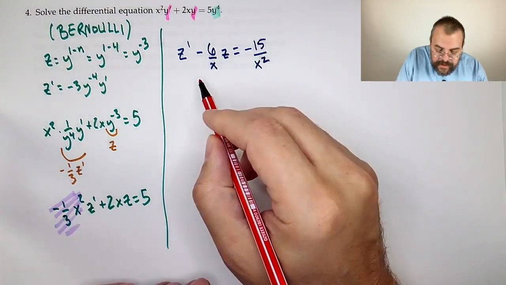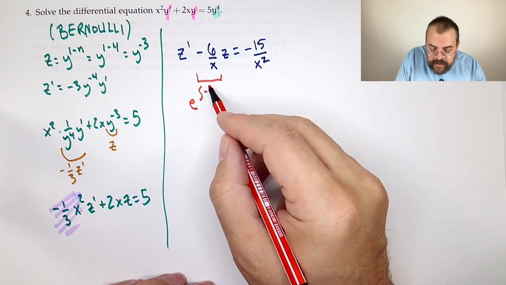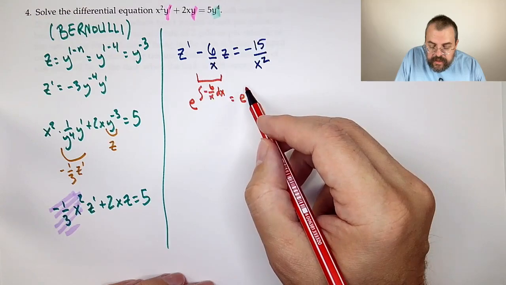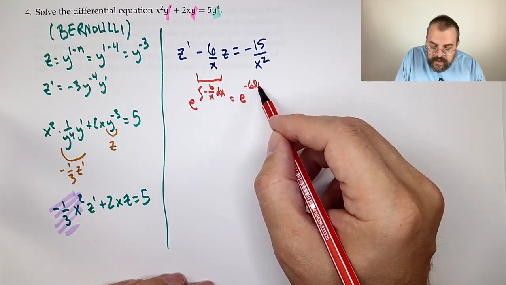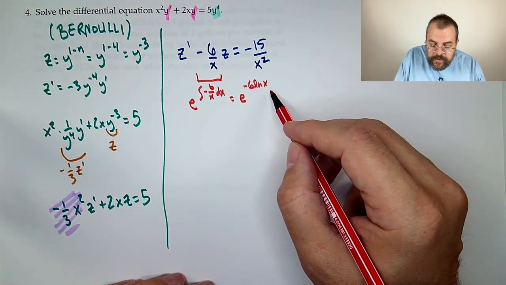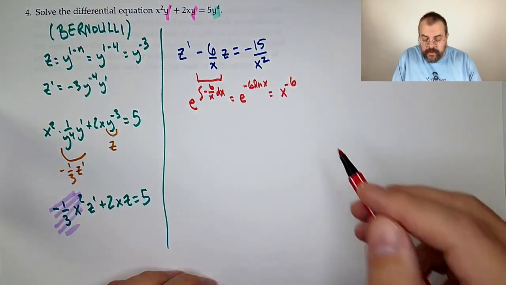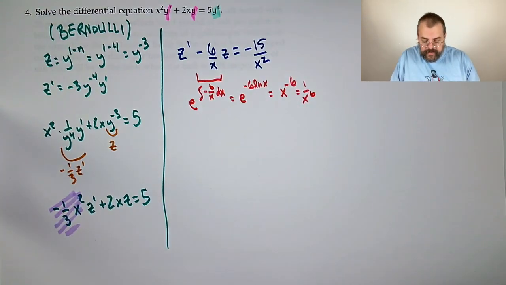Here we can find our integrating factor by doing e to the integral of -6 over x dx. That's e to the -6 natural log x, which becomes x to the -6 power, or 1 over x to the 6.